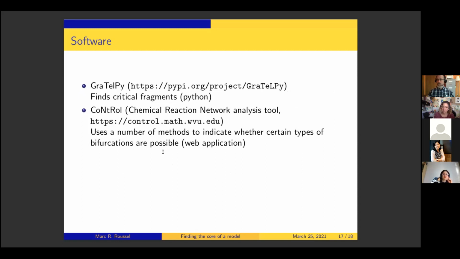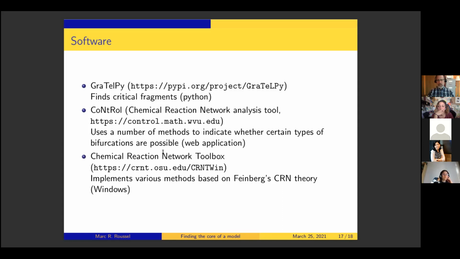If you are interested in the chemical reaction network stuff, there are a couple of resources. There's a web-based one called Control, which runs around and applies a heck of a lot of tests that come from this chemical reaction network theory, and just spits them out on your screen after it sends stuff off to its server.